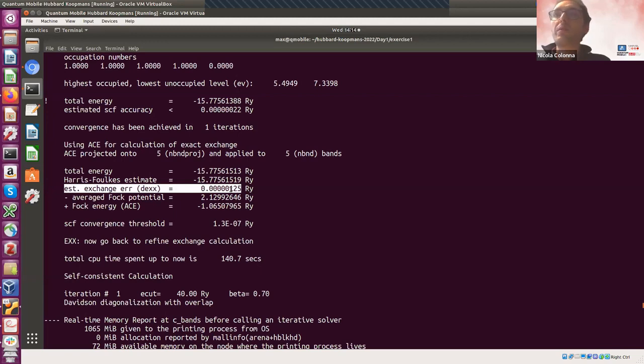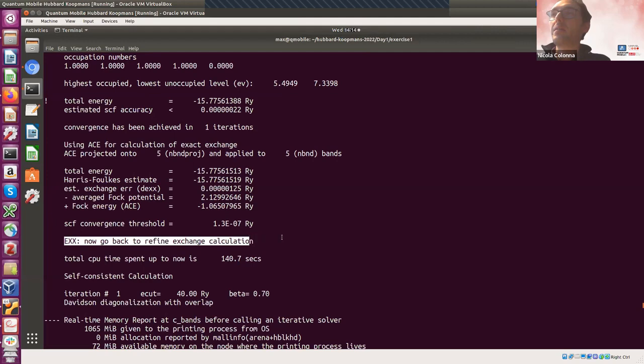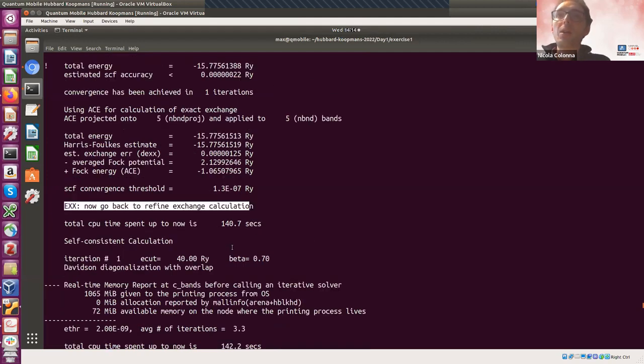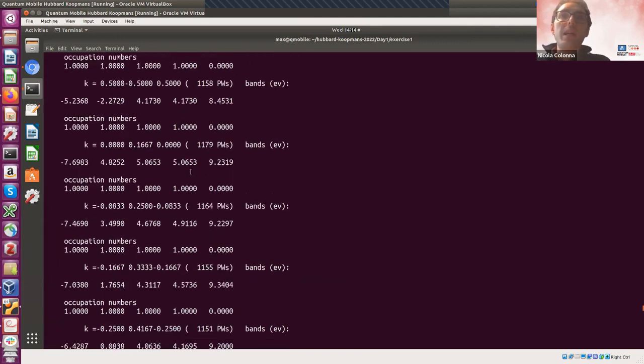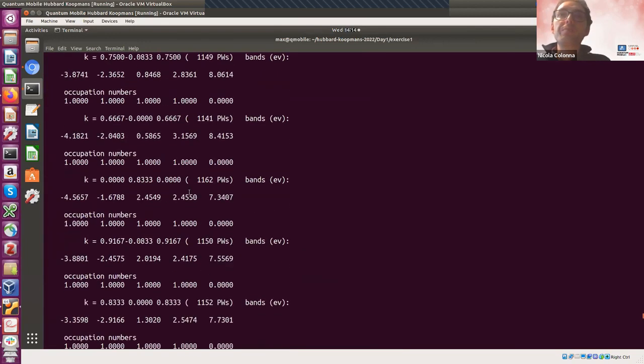This is lower than before, but still not enough, and it goes back and updates again the ACE potential. Once this is done, it can do again an inner loop calculation. Again, this took only one step to converge, because probably we are very close to the ground state. Again, a report on the eigenvalues.